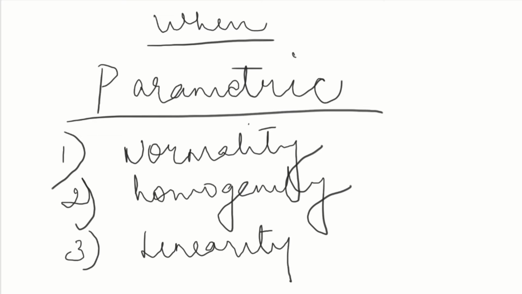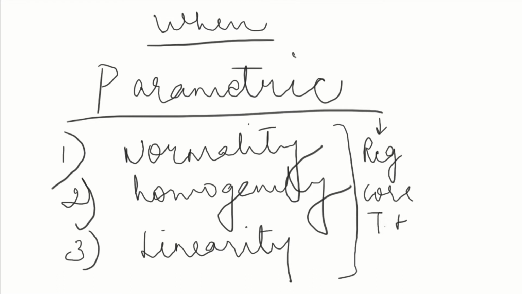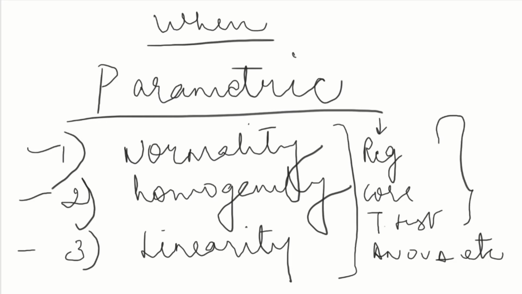When these three assumptions are fulfilled, the data set is eligible to apply parametric tests. Parametric tests, I mean regression, correlation, t-test, ANOVA, etc. So when the data follows normality, homogeneity, linearity, we are eligible to apply all the parametric tests.